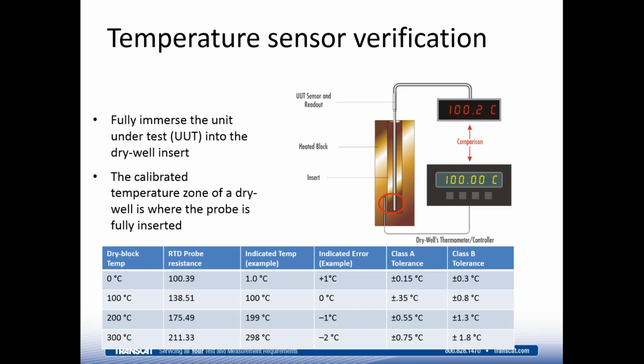I'm going to start, for example, at the lowest temperature. And the reason I might want to start at the lowest temperature rather than the highest temperature is, one, dry blocks are actually faster going up from ambient rather than down. The other thing is that when you take a probe to a high temperature, if there's strain in the probe, you're going to influence the behavior of the probe.